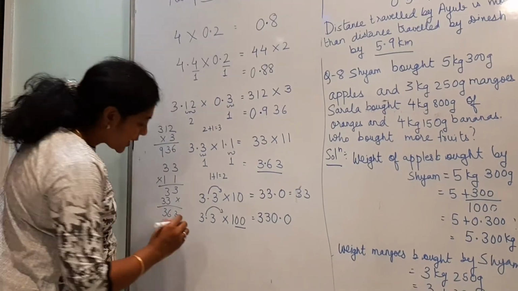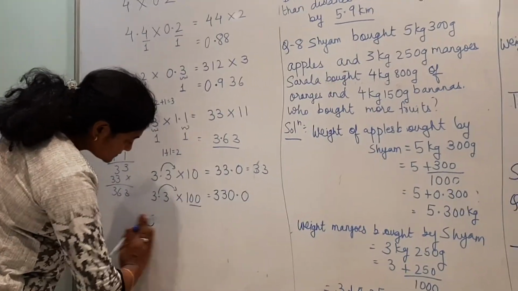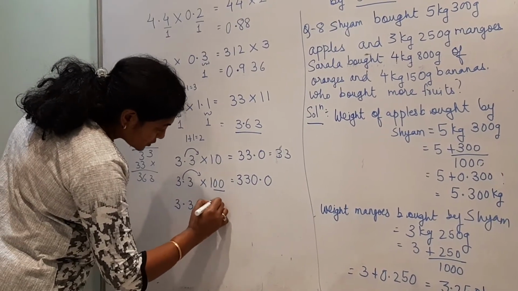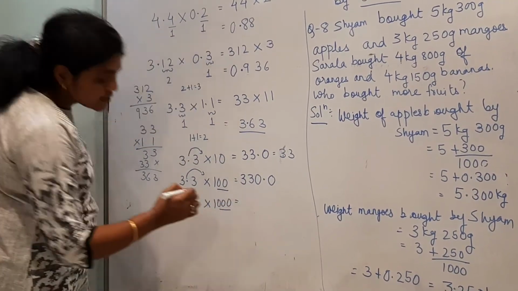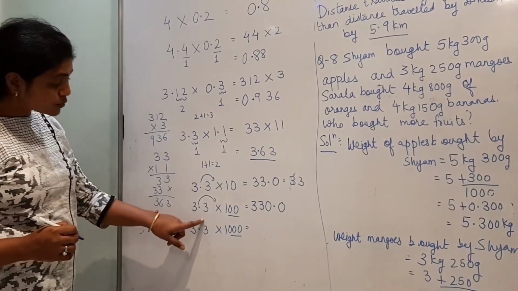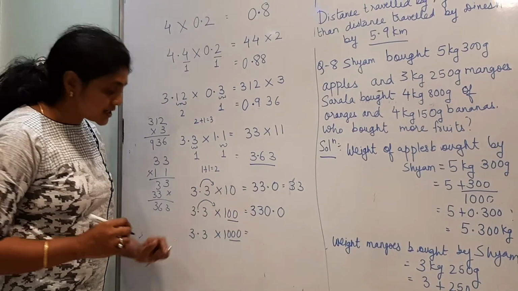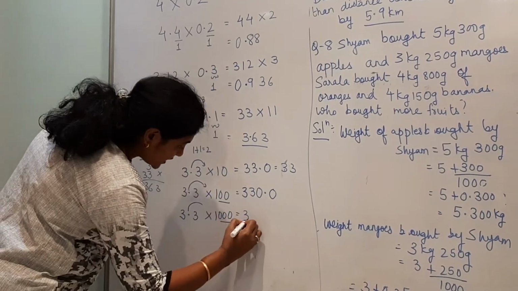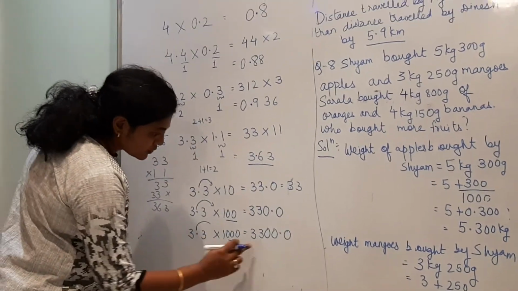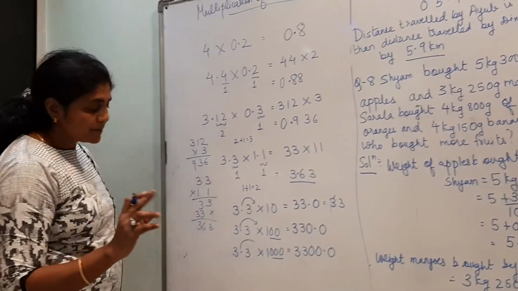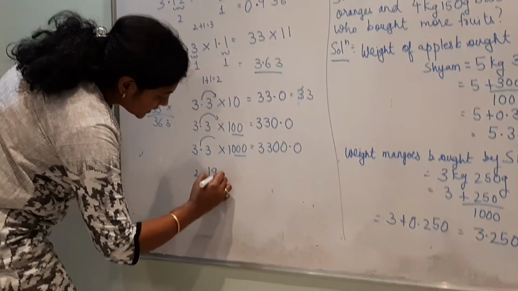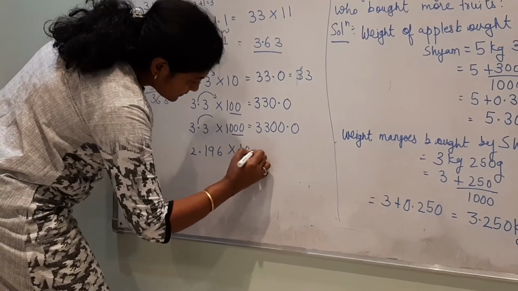Yes. Now I am taking another example. Okay, I will take 3.3 into 1000. How many zeros? 3 zeros. Point will be shifted to the right after 3 digits. So 3, 3, 0, 0, 3300.0. So 3 digits you have taken. Now I am taking 2.196 into 10.